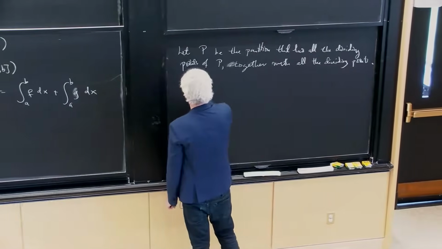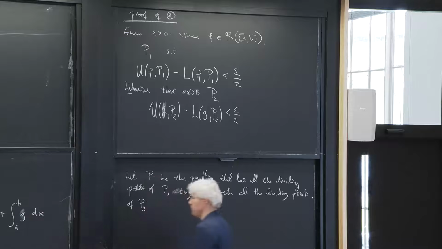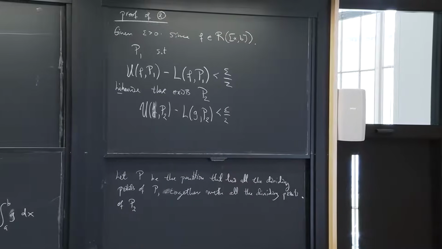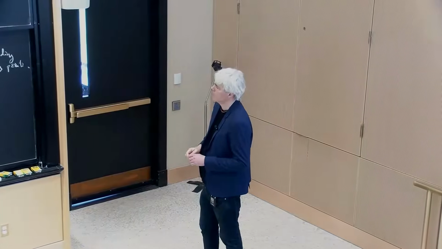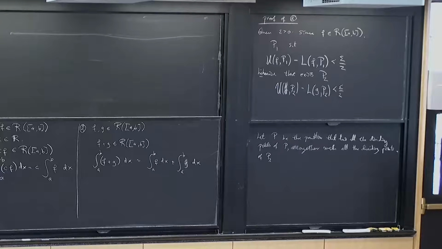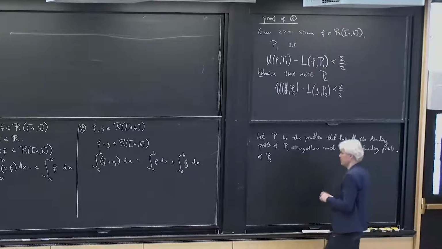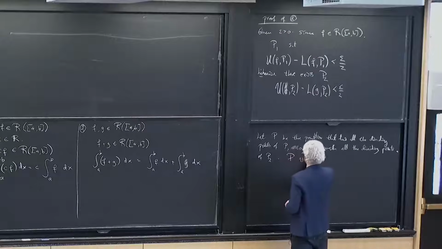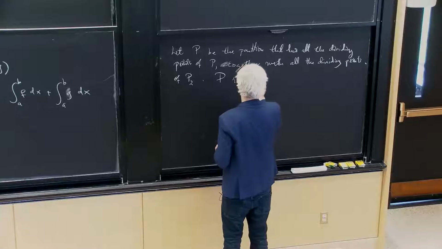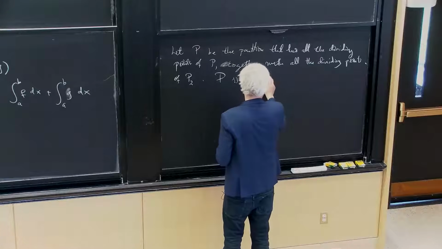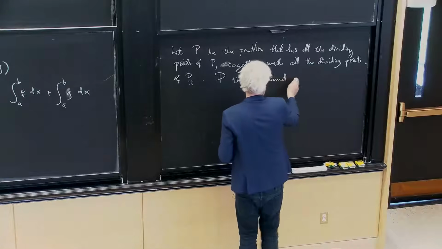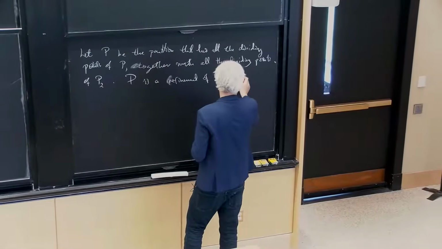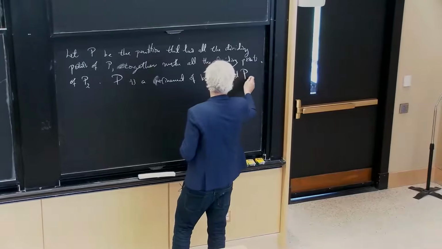So it has the points that are in either one of the two, or both, right? So this means that P here is a refinement of both P1 and P2, right?